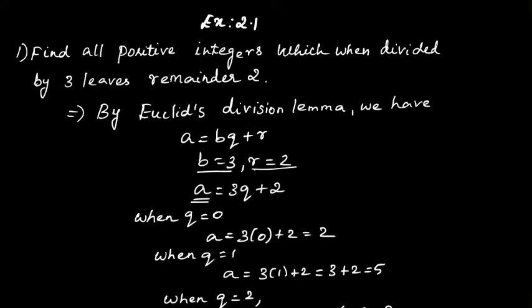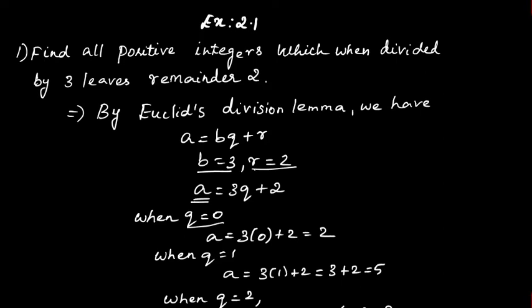So substitute q values to be 0, 1, 2 and so on and find a value. So when you substitute q is equal to 0, you get a is equal to 3 into 0 plus 2. So when you multiply, you will get 0 plus 2. So 0 plus 2 is 2. And when you substitute q is equal to 1, you will get a is equal to 3 into 1 plus 2.